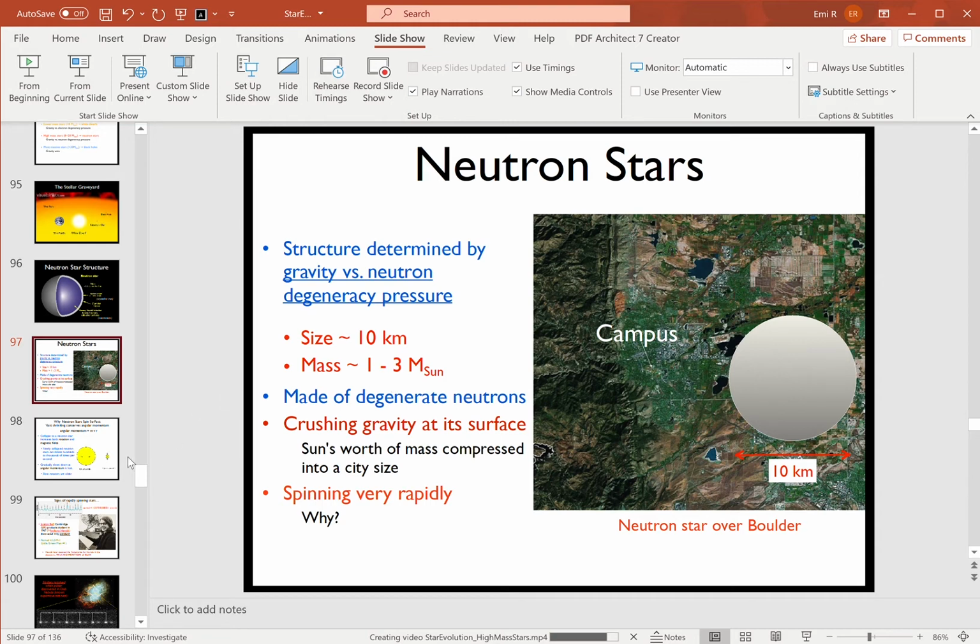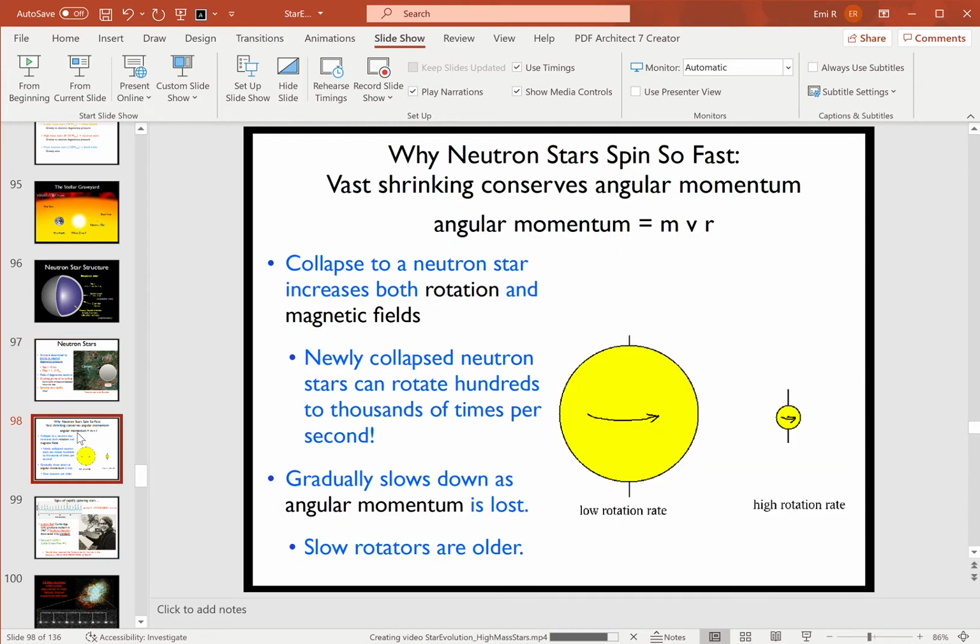And we know that they spin rapidly. So let's see what happens here. Everything has to do with the conservation of angular momentum. Remember we talked about that when we learned how the solar system was formed, when this cloud of dust and gas called the solar nebula started to collapse.